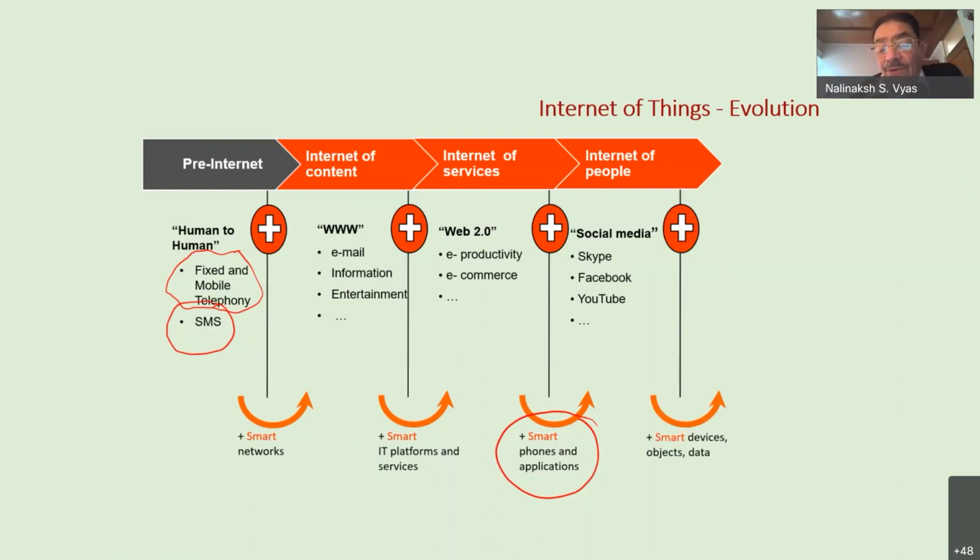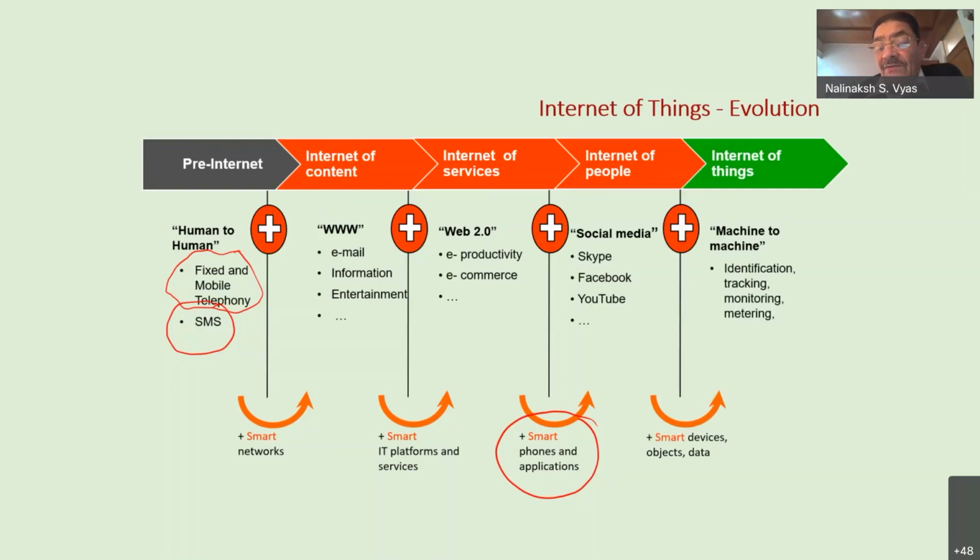Through Skype, YouTube, and Facebook. And now we're talking of Internet of Things, identification, tracking, monitoring, metering, all these things through the internet, but through certain basic requirements that need to be fulfilled if we were to achieve this.